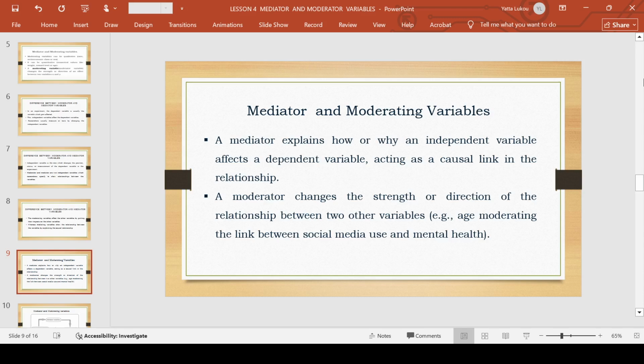A mediator explains how or why an independent variable affects a dependent variable, acting as a causal link in the relationship. A moderator changes the strength or direction of the relationship between two other variables.